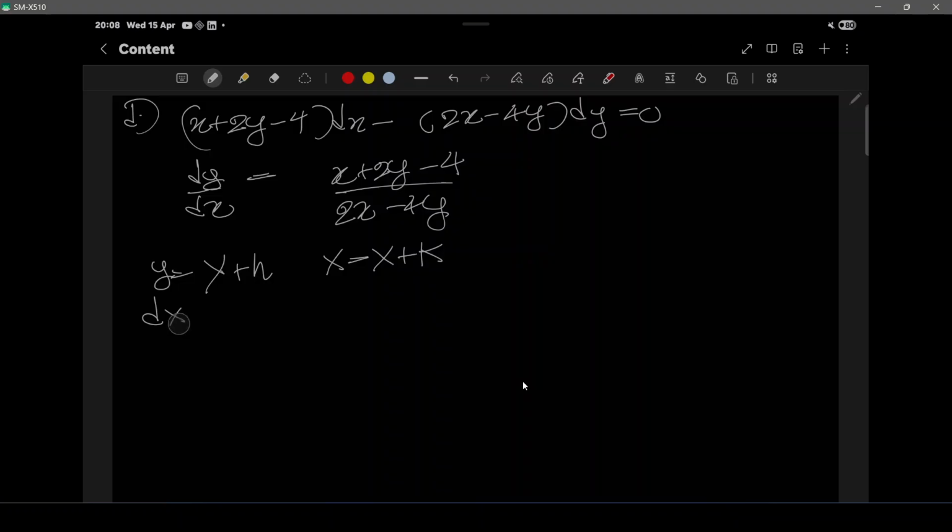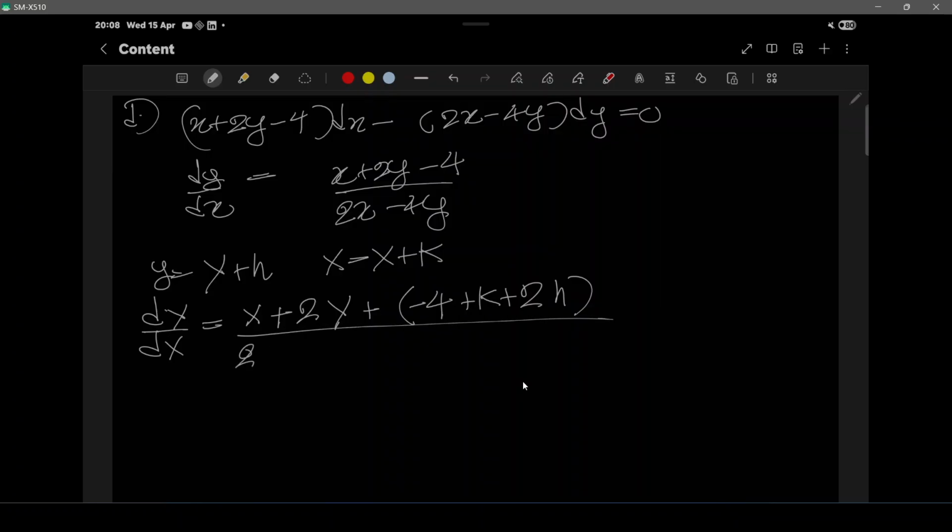So d capital Y over d capital X is equal to x plus 2y plus, there is minus 4 here, we have h plus 2k, sorry, k plus 2h.